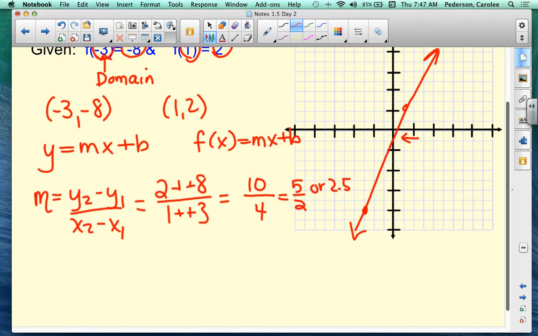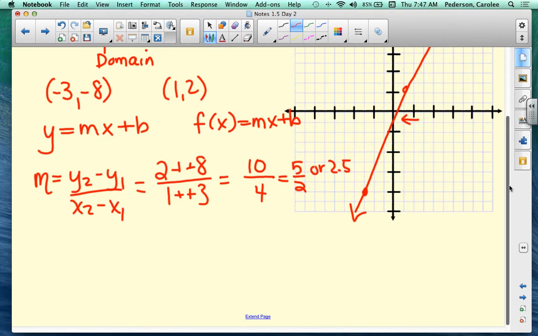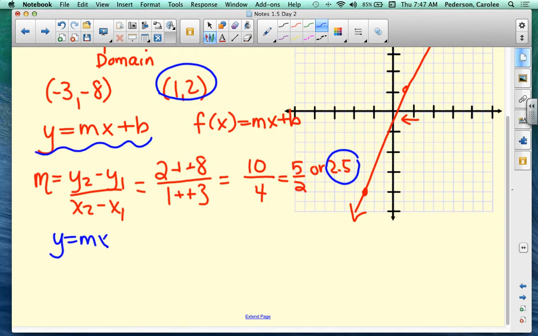We're going to use our slope-intercept form equation, and we're going to substitute one of the points. I'm just going to choose this point here, and then our slope that we just found. And we're going to plug it into this equation and solve it for b. So y equals mx plus b.